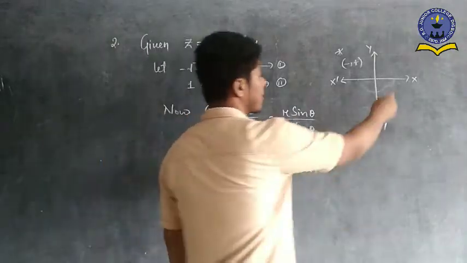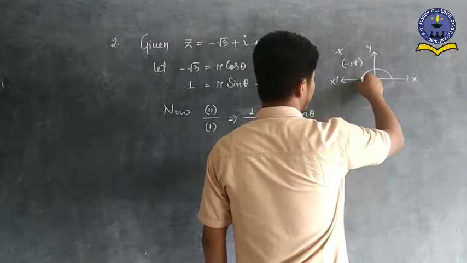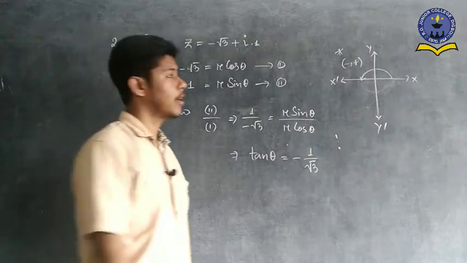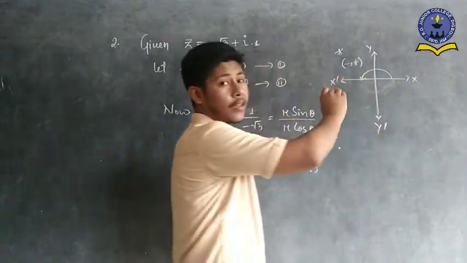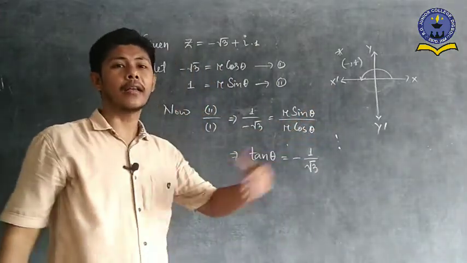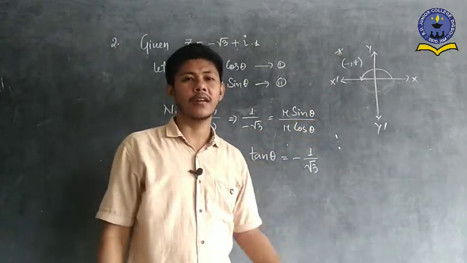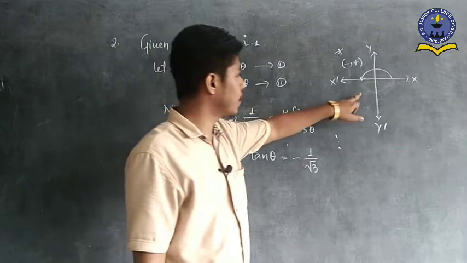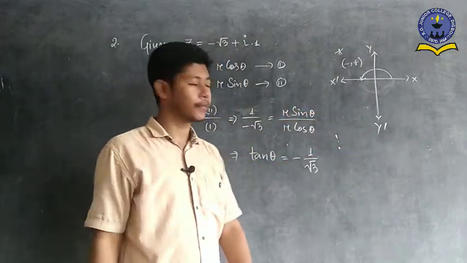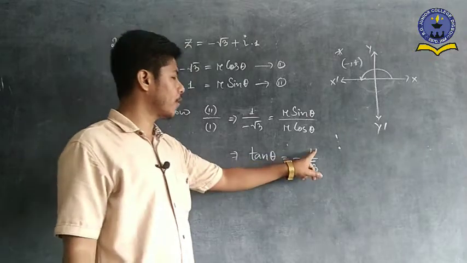So you can solve this question in two ways. If we consider the positive angle, up to this it is 180, isn't it? But we need the angle in the second quadrant, so the angle decreases here and we have to subtract. If the angle increased, we would add. Before this we have to put the value of 1 by root 3.